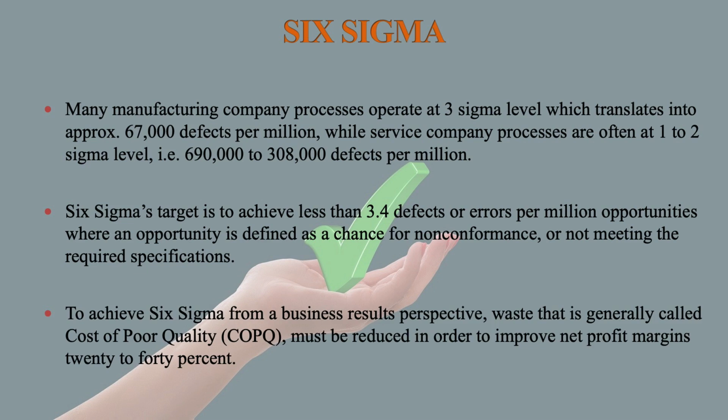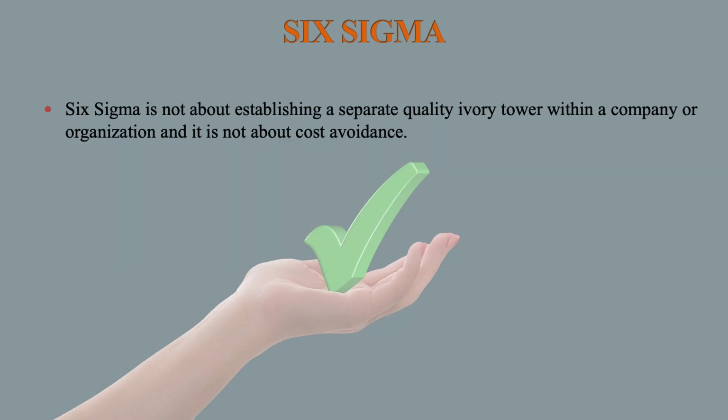To achieve Six Sigma from a business results perspective, waste, that is generally called cost of poor quality, must be reduced in order to improve net profit margins by 20 to 40%. Six Sigma is not about establishing a separate quality ivory tower within a company or organization, and it is not about cost avoidance.